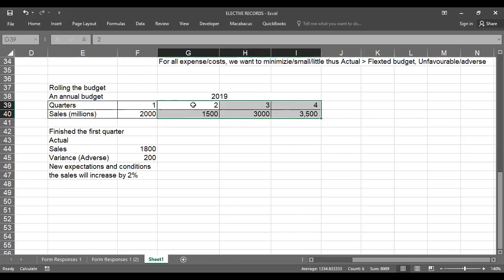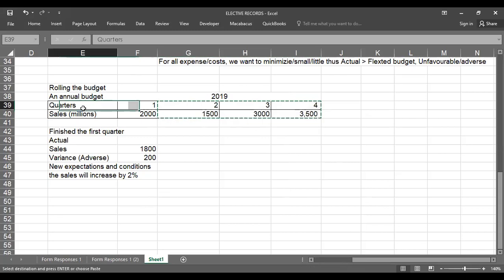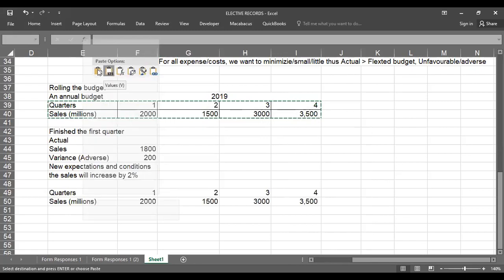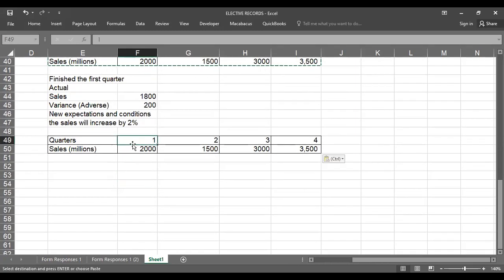So what we do is you get these 12 months, these 2 months here. Let me just borrow this information. Copy. If I copy it the way it is, you're saying that quarter one is gone.